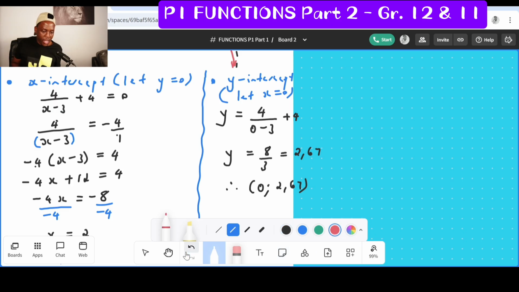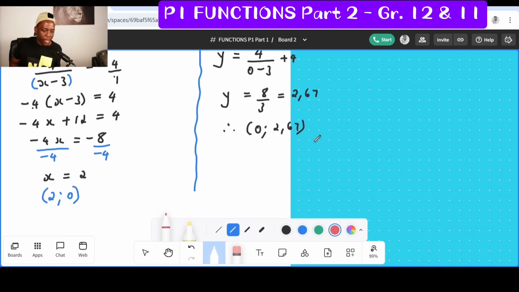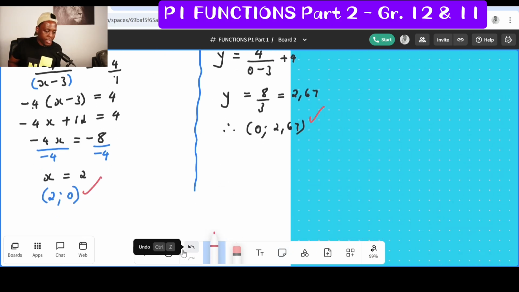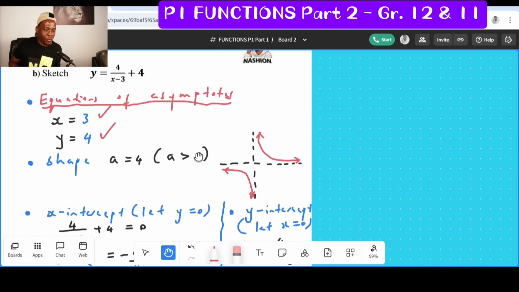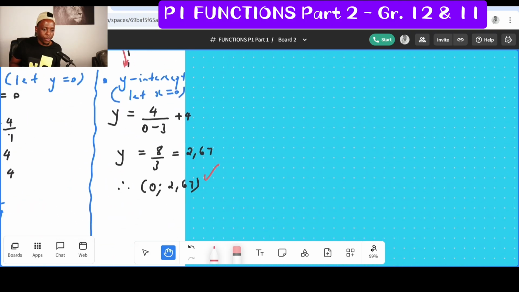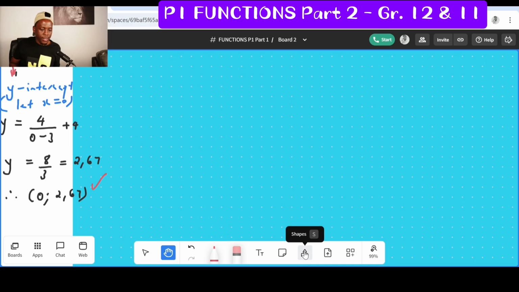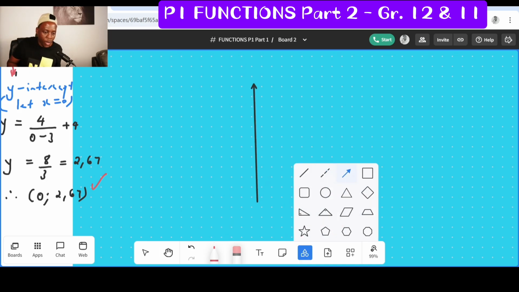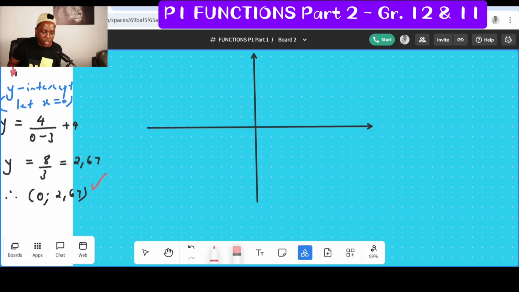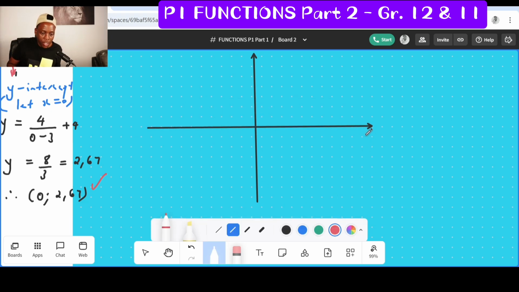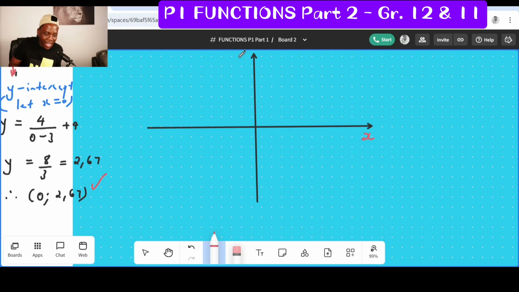What do we have? Everything we need. We have the y-intercept, the x-intercept. We also have the equations of the asymptotes. It's time to sketch. Sketching, we need the y-axis and the x-axis, not forgetting to label them as such. And here we have 0.